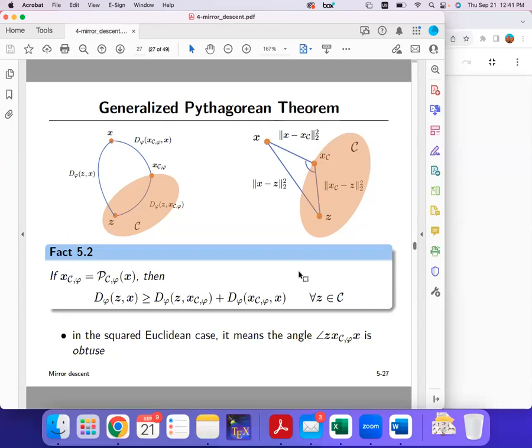Then for any other Z in this set, we have the following inequality. The divergence between Z and X is bigger than or equal to the divergence between Z and the projection point, plus the divergence between the projection point and X.